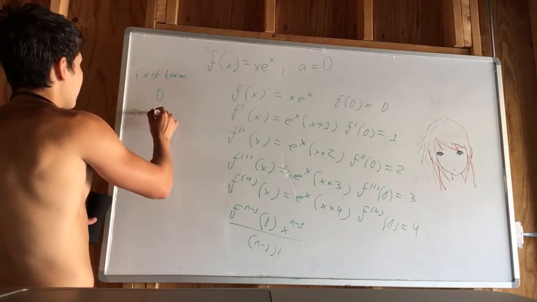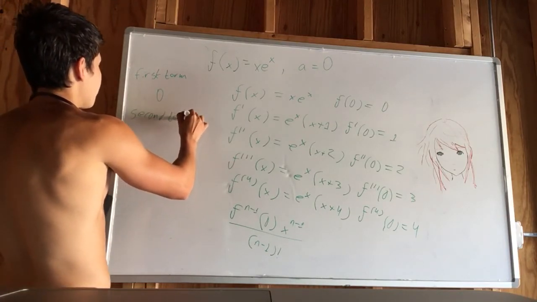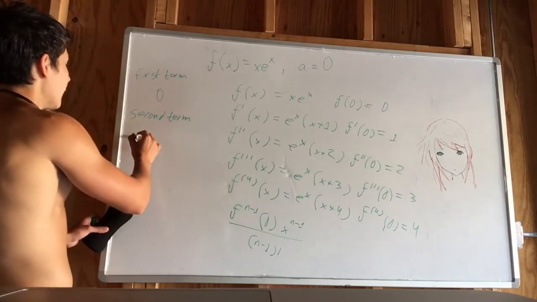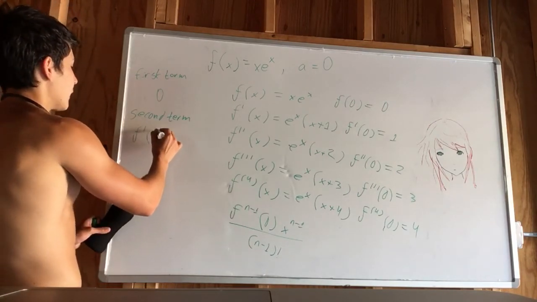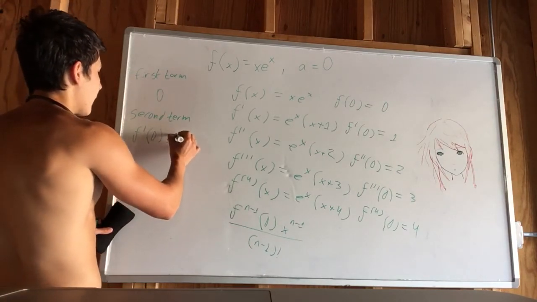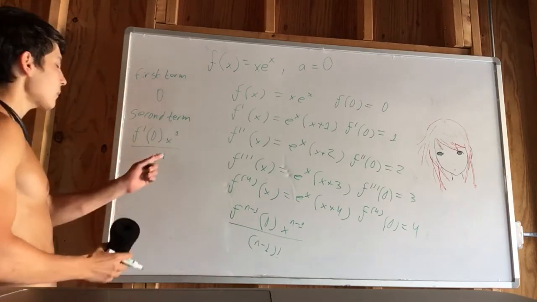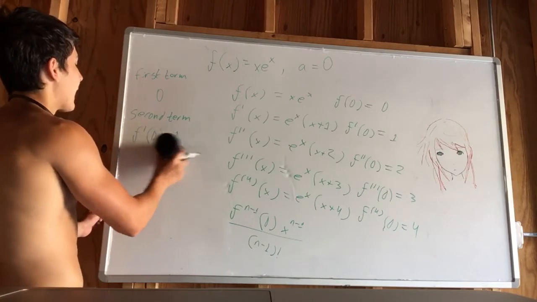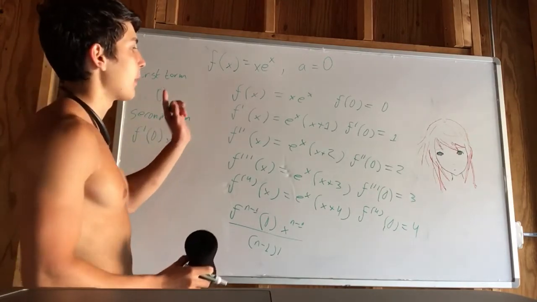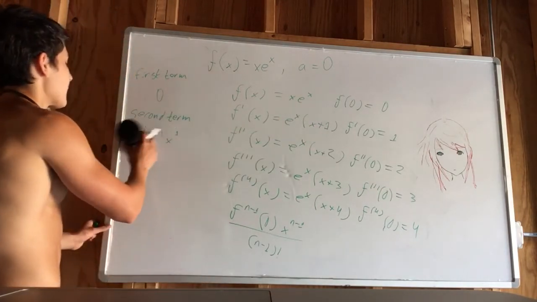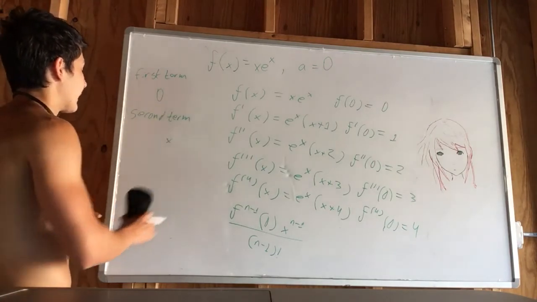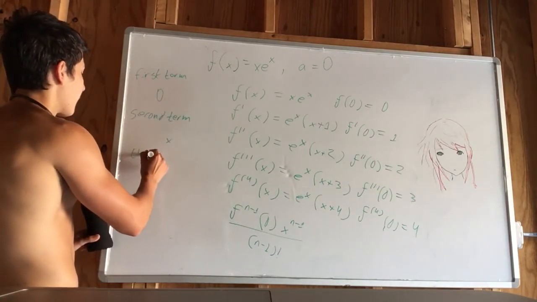Second term. Our second term we plug in 2, so that's going to be with our first derivative, and we have x to the 1, and we have 1 factorial. So this is x times f prime of 0. So that's 1 times x to the 1, which is just x. Our third term.